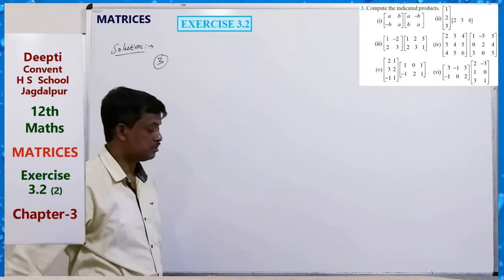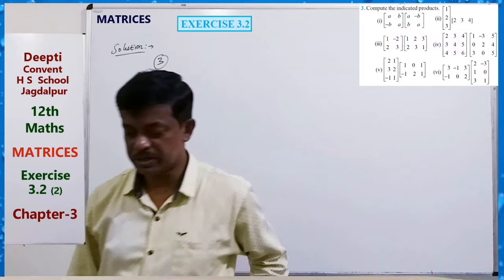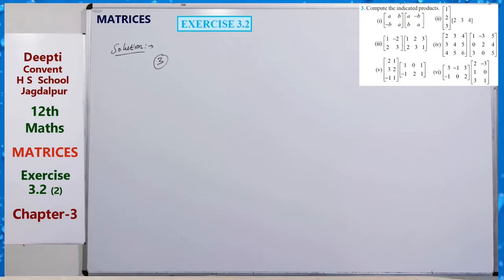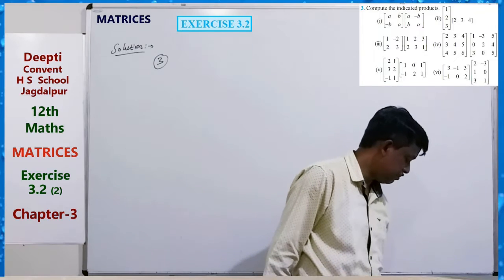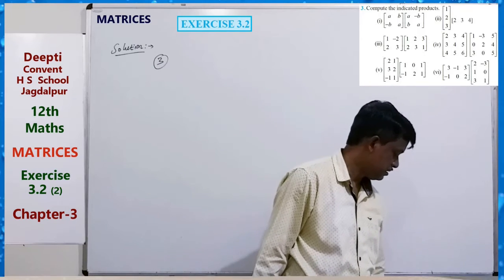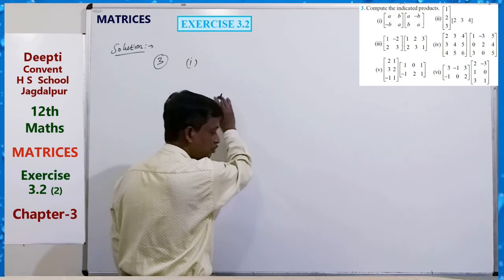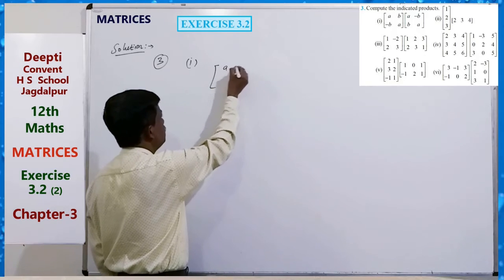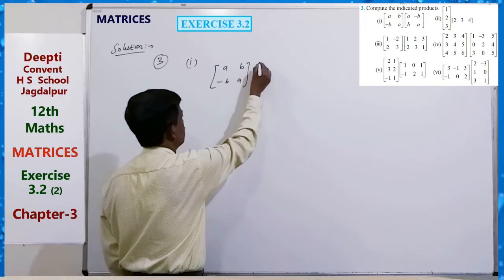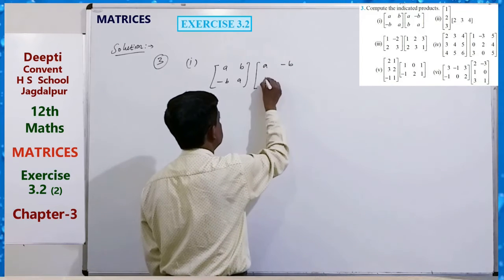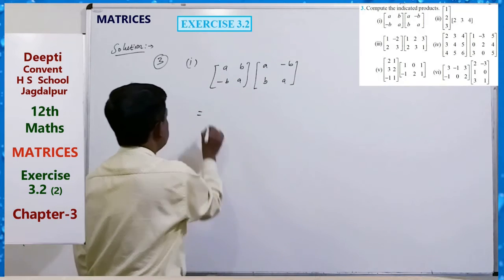Here the first question is a 2 by 2 matrix. You can do it. The first is the multiplication AB minus BA, and the second is A minus B times A plus B. We just have to find this multiplication.